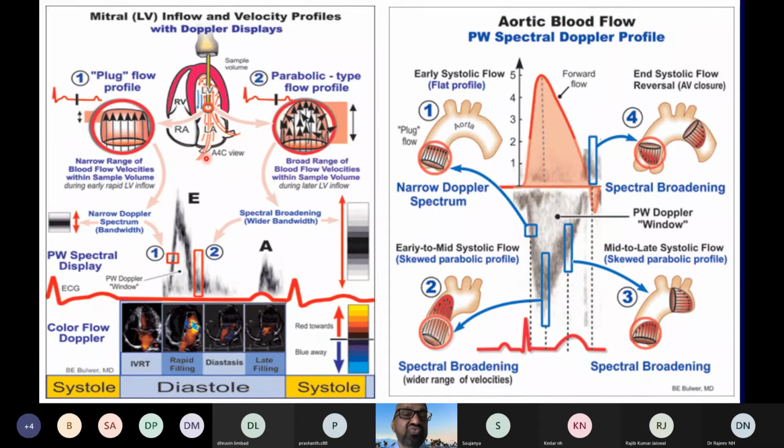Pulse wave Doppler is also useful when you want to look at the flow across atrial septal defects, because the velocity of flow will be low. For example, you have an atrial septal defect, left atrium to right atrium. This is a left to right shunt, and because of the similar pressures in both chambers, actually left atrial pressure is a little high.